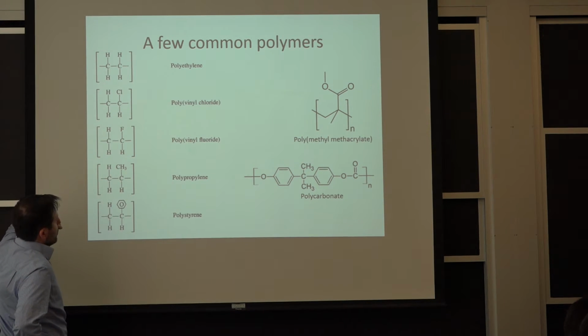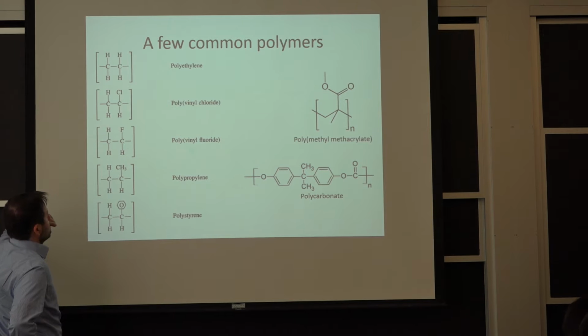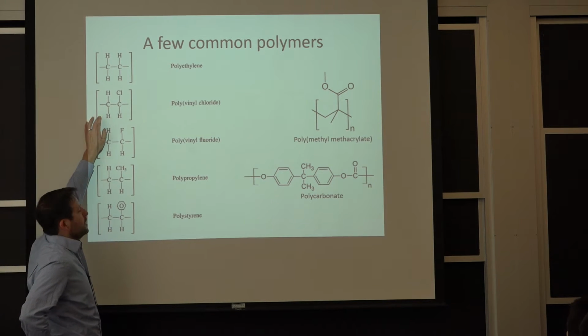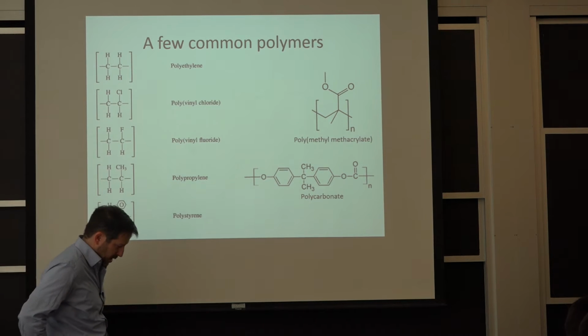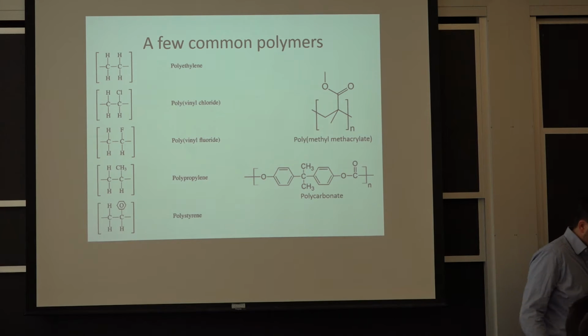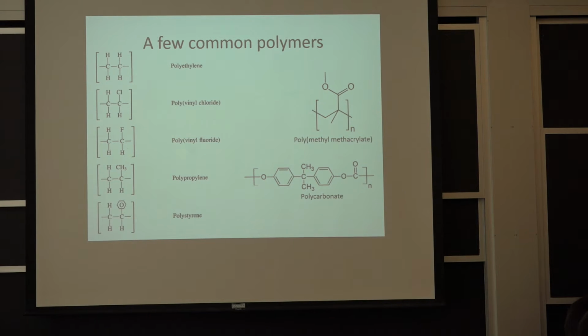So polypropylene is a little stronger. It doesn't deform as easily as polyethylene. PVC, this one here, is also very, very common. And the chlorine gives it a certain amount of ionic charge, so it's not, again, as deformable as the polyethylene.